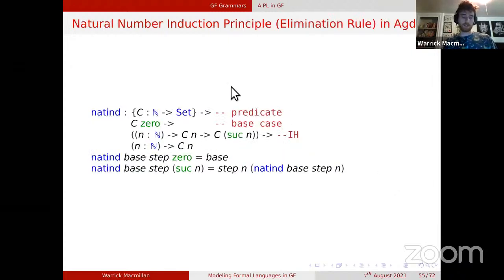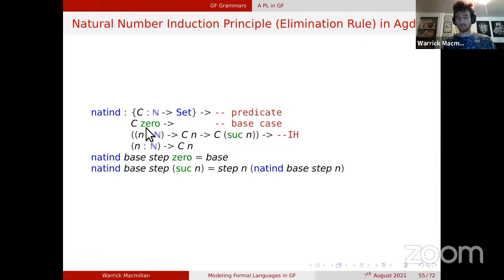So you could instead define a proof by induction in Agda. So you can say a proof by induction is really a predicate, which given any number gives you a type or a set. And then if you can prove that predicate true, so that predicate is just the property that you're trying to prove about the natural number in question.